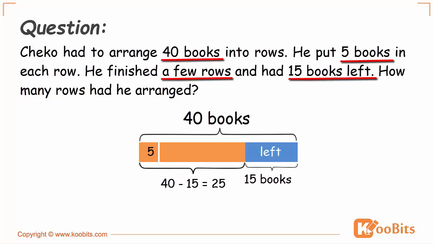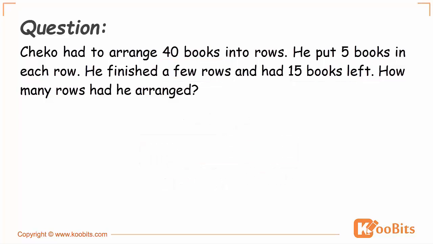The number of units is equal to the number of books that had been arranged divided by 5. This represents the number of rows that had been arranged. Do you get it? Great! Let's move on to the calculation.